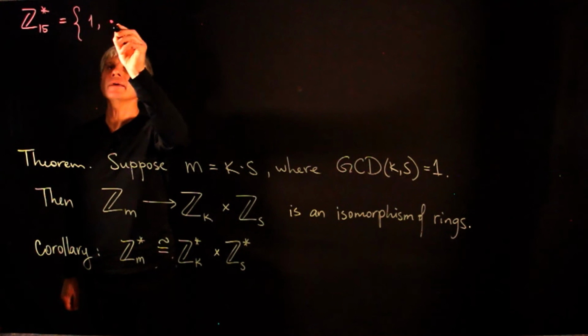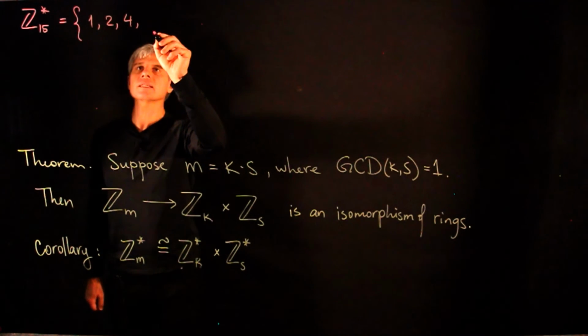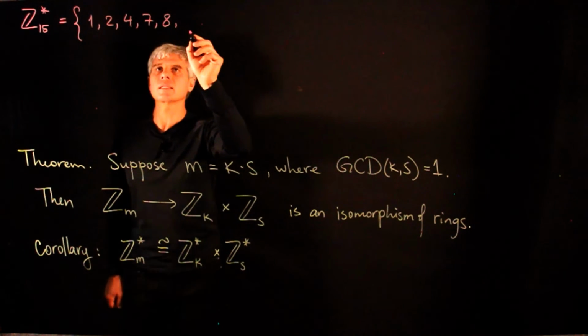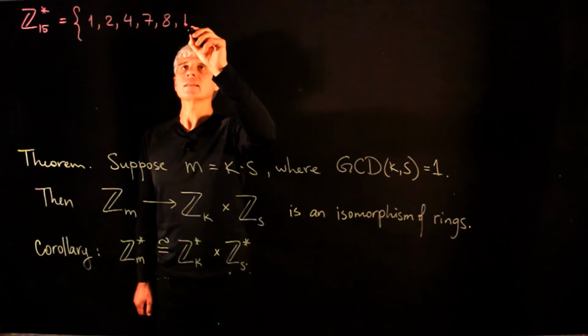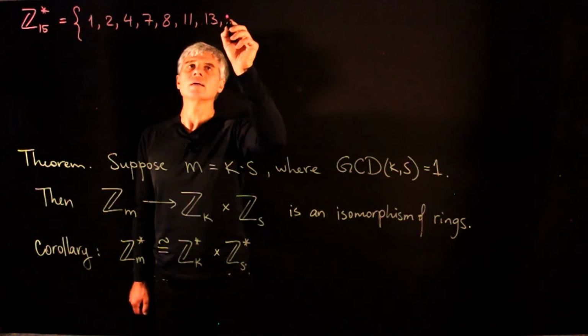So we have 1, 2, 4, we skip 5 and 6, 7, 8, skip 9 and 10, 11, skip 12, 13, and 14.